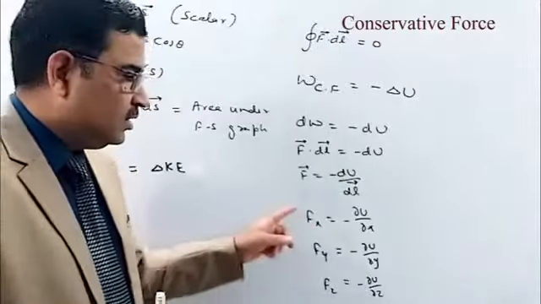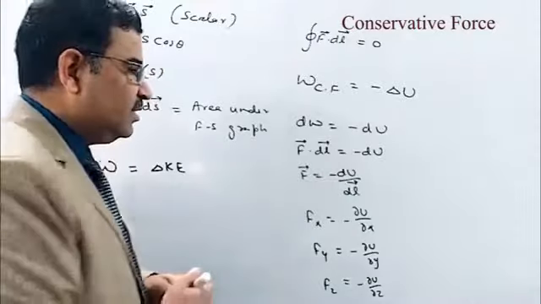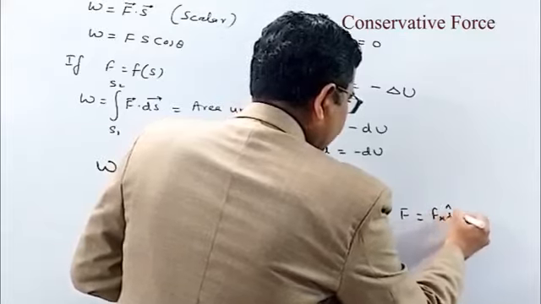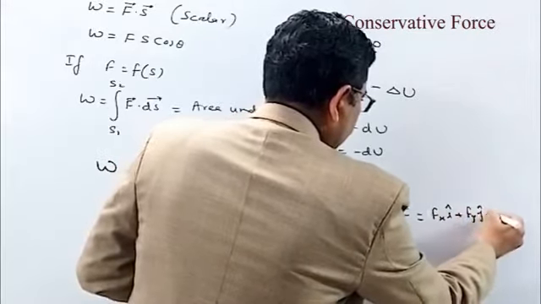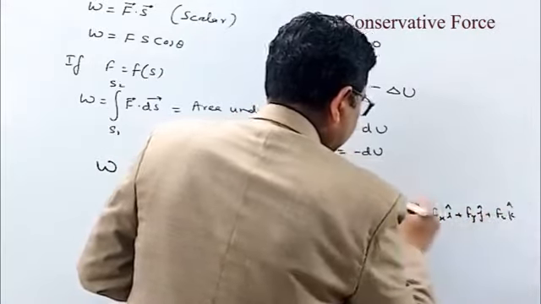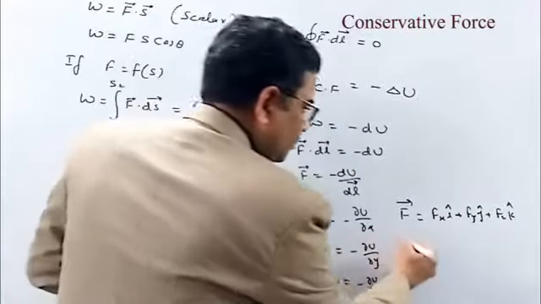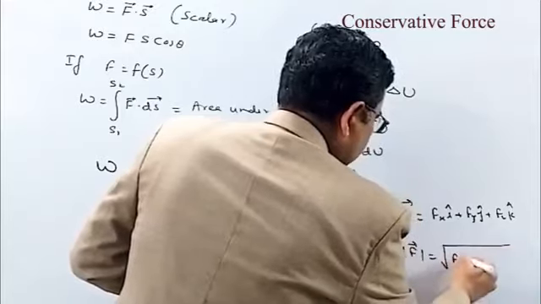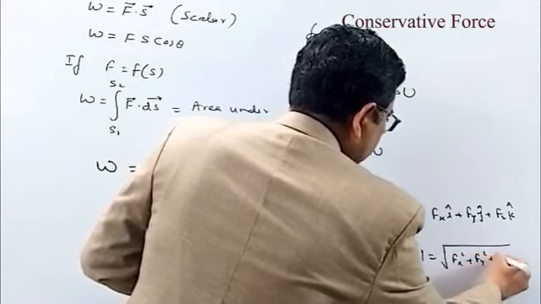So if all the three components of force are present, then the net force acting on the body can be written as Fx i plus Fy j plus Fz k, and the magnitude of this force will be F is equal to under root of Fx square plus Fy square plus Fz square.